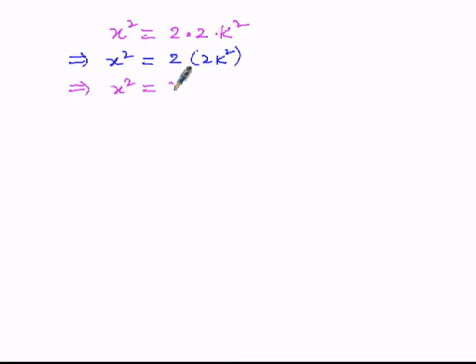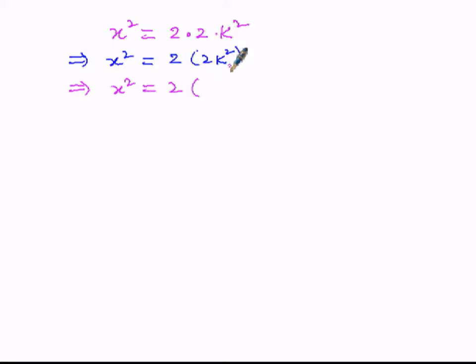So x square equals 2 into 2, and k square is written as it is. Then in the next logical step, x square equals, I am going to group 2k square as one term, so x square equals 2 into 2k square.